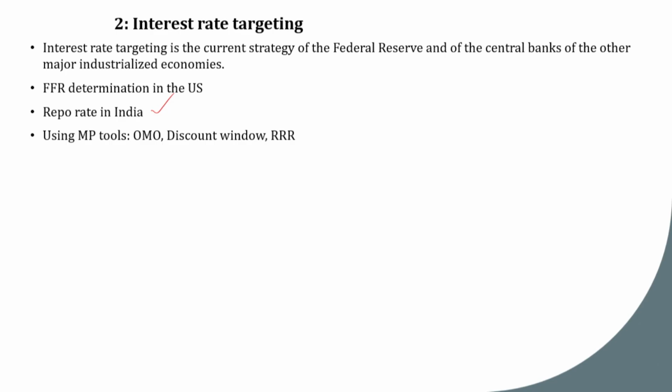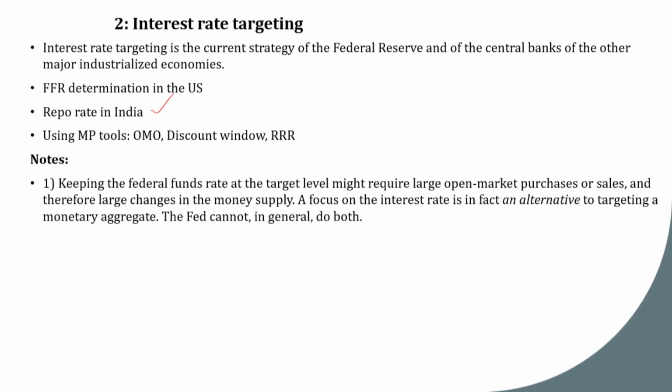And once these interest rates are determined, then using the theory of the term structure and risk structure of interest rates, you can see that this interest rate will be related to other interest rates. Theoretically, there will be a relationship. So the important thing is that keeping the Fed funds rate at the target level might require large open market purchases or sales, and therefore large changes in the money supply.